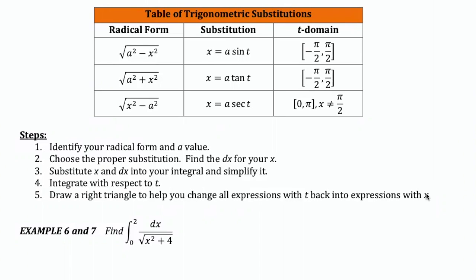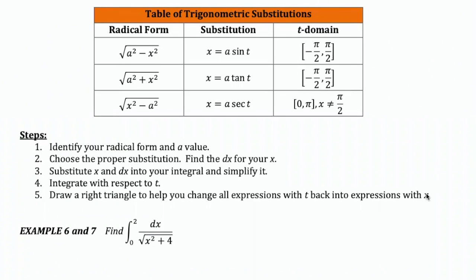So you have a table of trigonometric substitutions. It's as if someone has already done the hard work for you and found the patterns that occur. So you can see there are three different radical forms, and each one has a corresponding substitution. What we're going to end up doing is changing from an integral in terms of x to an integral in terms of t.